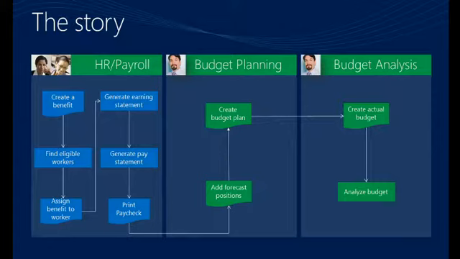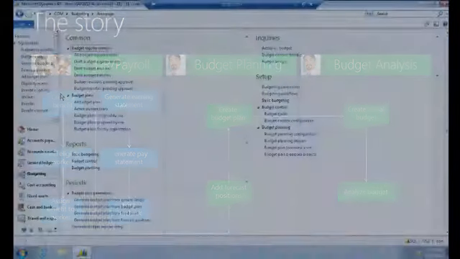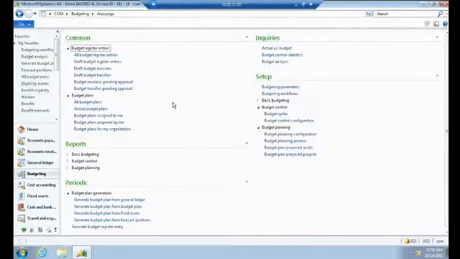One of the things he needs to do is he needs to put the fixed employee costs into the police department's budget plan, as well as variable costs as well. So let's do it. Here I'm going to show you the link from HR to budget planning.